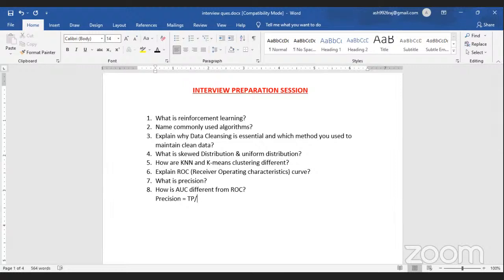The formula is precision equals TP divided by TP plus FP, false positive, and recall equals TP divided by TP plus FN, false negative. This is in contrast with ROC that measures and plots true positive rate against false positive rate.